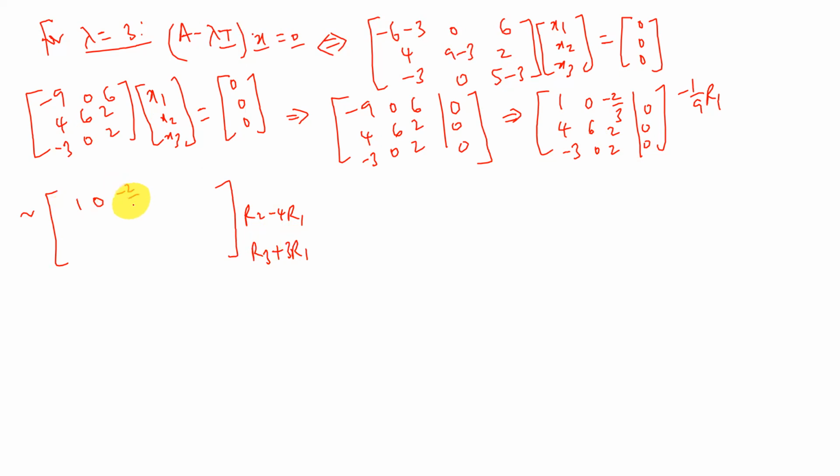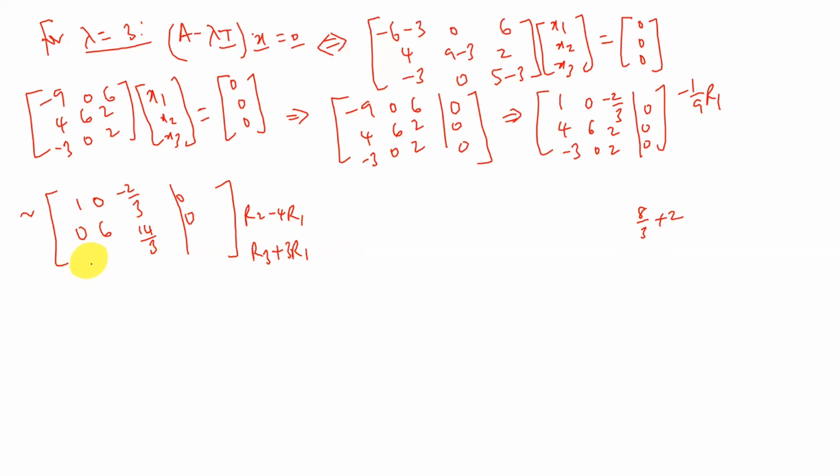So 1, 0, minus 2 over 3, 0. Minus 4 times that, 0. Minus 4 times that, 6. Minus 4 times that is 8 over 3. 8 over 3 plus 2 is 14 over 3.